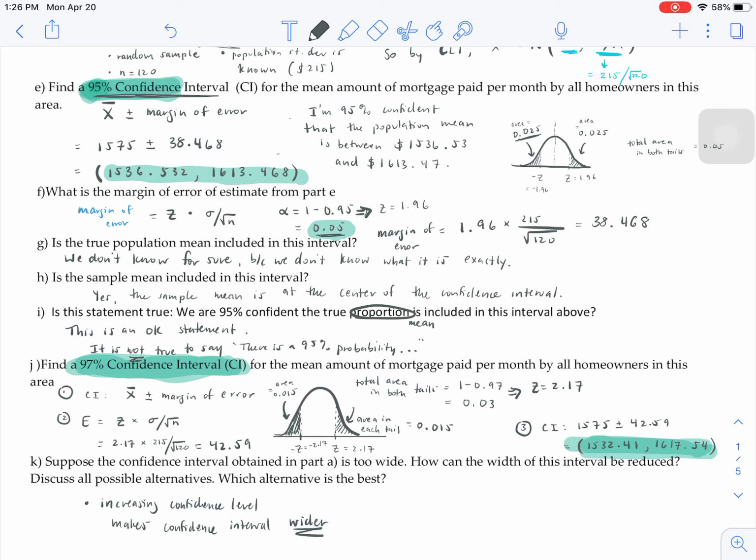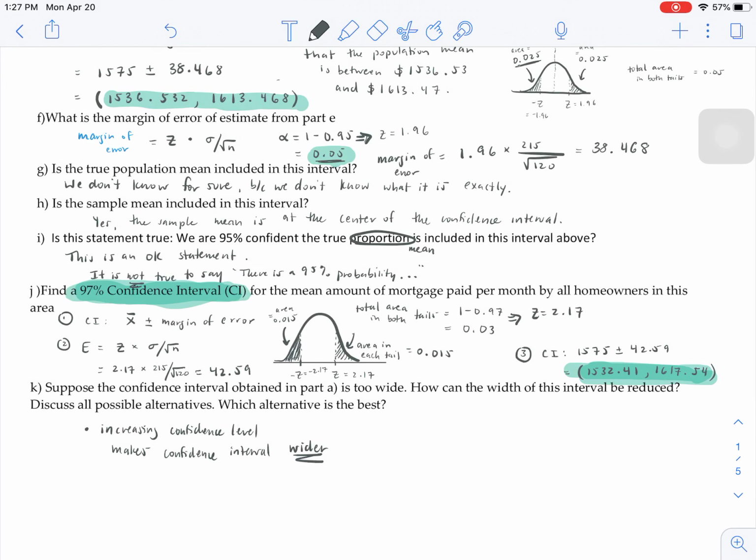Let's think about an intuitive reason for that. So to be really confident that my interval contains the true population mean, to be as confident as possible, I want my interval to be wide, right? I want my interval to have the highest chance of containing my population mean. So to be super confident, I should make my interval wide to make sure that it really does contain the true value.